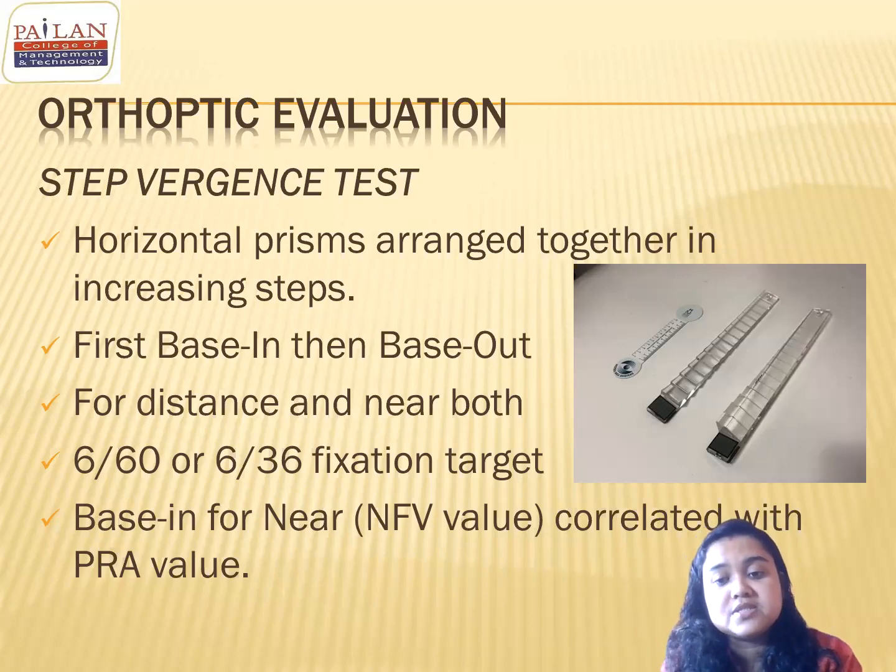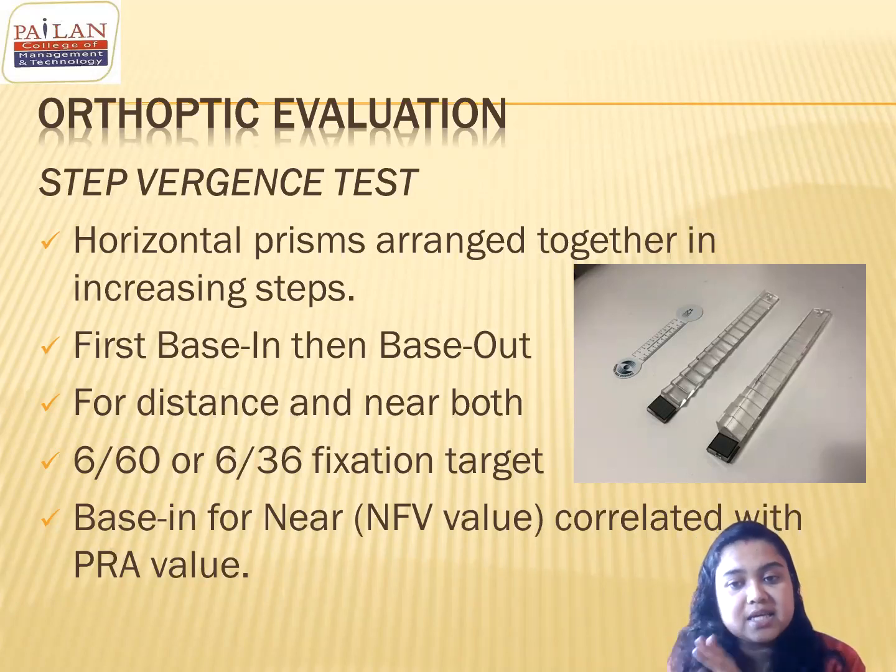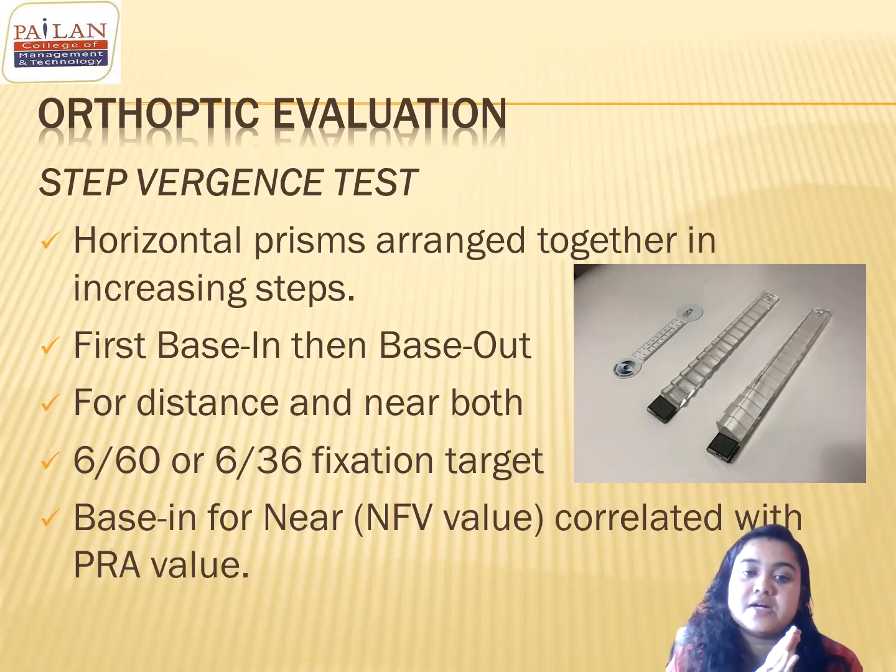And when you put the base of the prism towards the outside, with the apex towards the nose, that is base out prisms. This way we do the step Vargin's test.